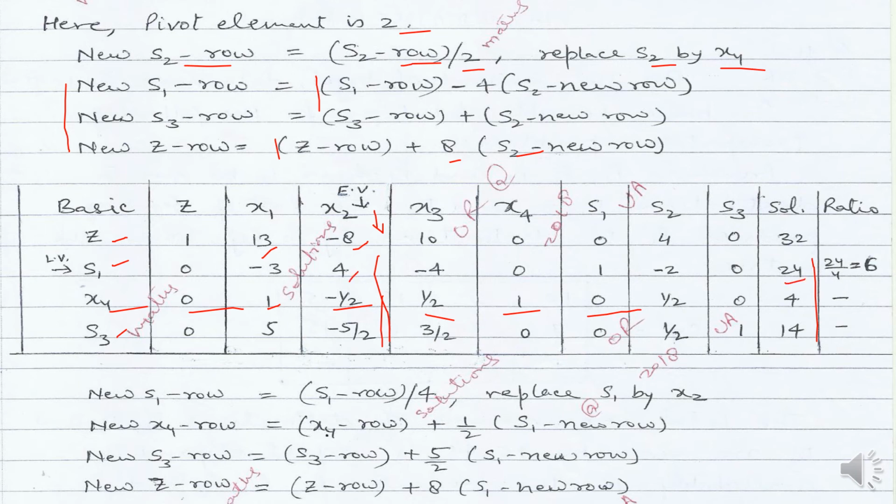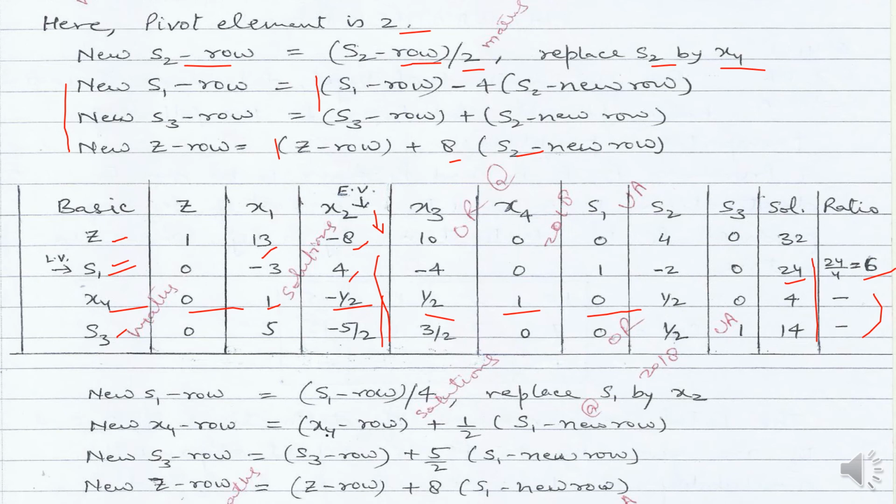So here 24 upon 4, this 4 of pivot column, we get 6 as ratio value, and the next two values -half and -5/2 will give us negative values, so we will ignore them. If value is negative or infinity, we will ignore them.